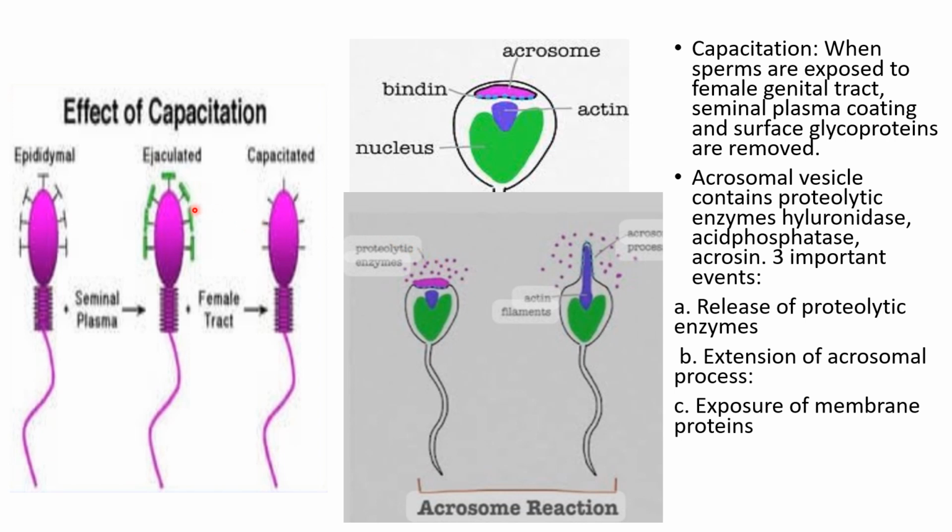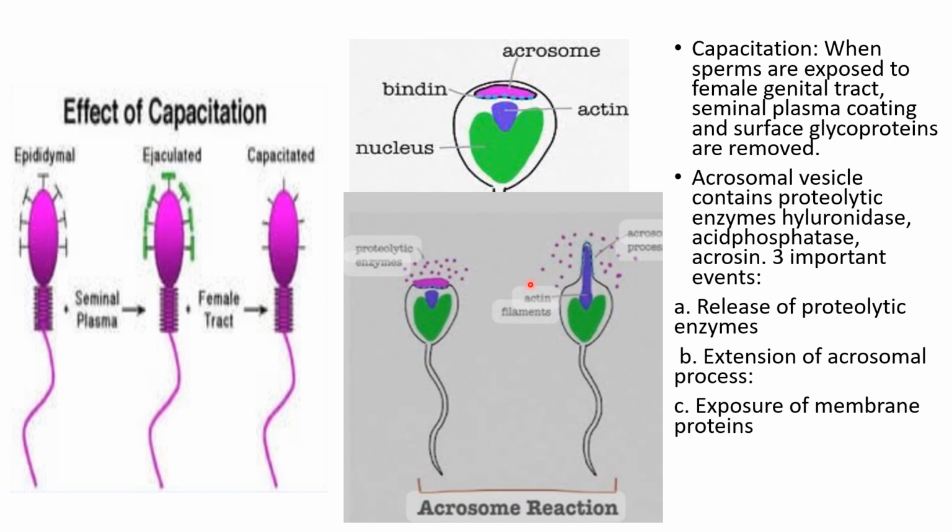So what is capacitation? In short, it is the final step of maturation occurring in the female genital tract. It takes 7 hours, and there is removal of surface glycoproteins from the plasma membrane covering the sperm head. And what is the acrosomal reaction? Due to multiple contacts of the outer membrane of the acrosome and the plasma membrane of the sperm head, there is release of proteolytic enzymes which will soften the barrier.